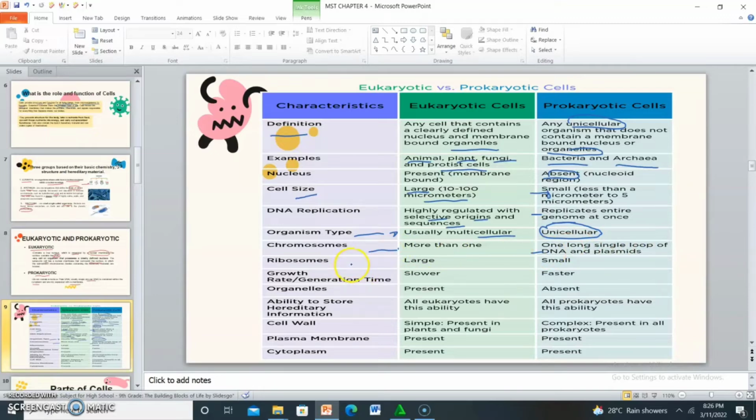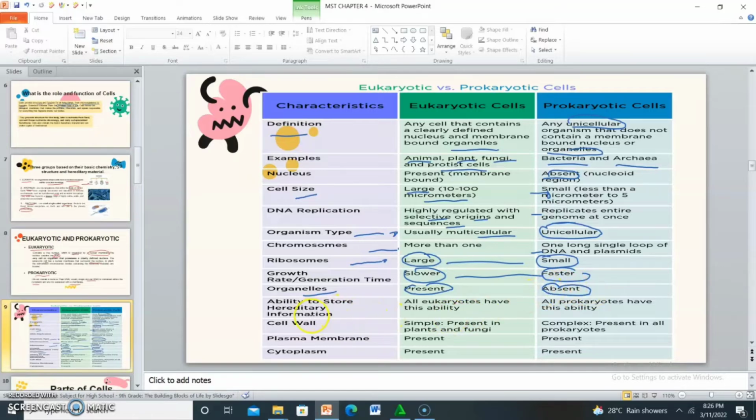Ribosomes in eukaryotic cells are large, while in prokaryotic cells they are small. In growth rate or generation time, the prokaryotic cell is faster. In organelles, eukaryotic cells have them, while prokaryotic cells have no organelles.